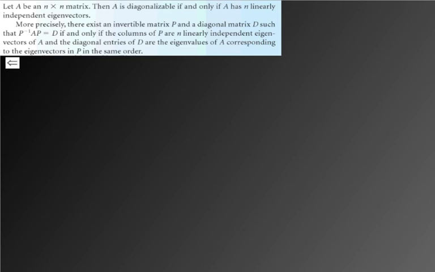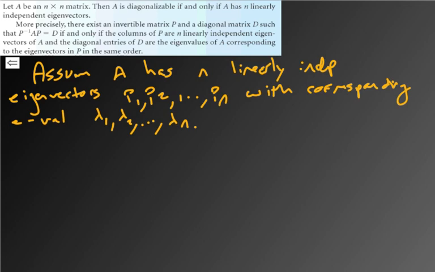So we're going to start off and we're going to assume this. All this stuff is basically what we just showed before. We're assuming that A has n linearly independent eigenvectors. They are P1 through Pn here, and they come with corresponding eigenvalues lambda 1 through lambda n, okay?